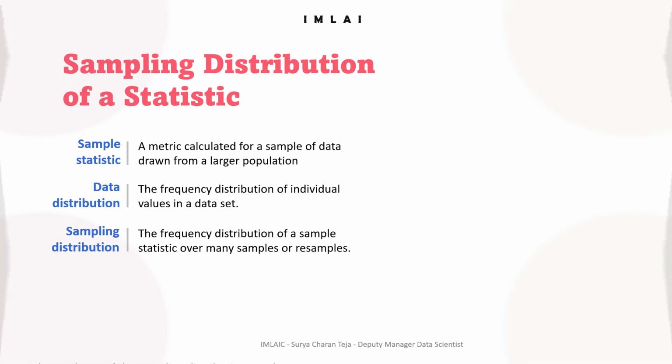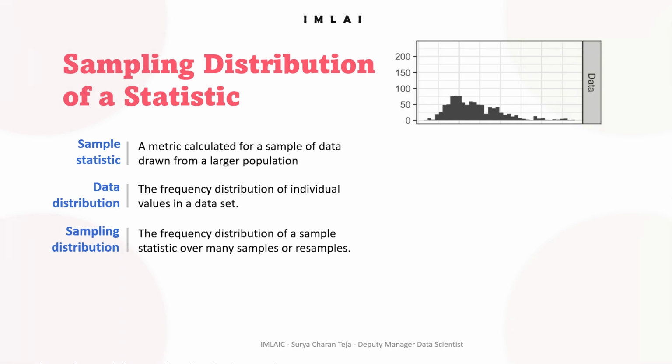So the sampling distribution is the frequency distribution of a sample statistic over many samples or resamples, and here is the example. So this is the data, normal data. Here you have the frequency distribution of what? Of the sample statistic. What is that sample statistic?